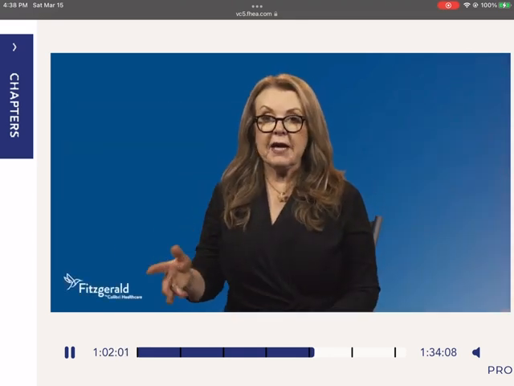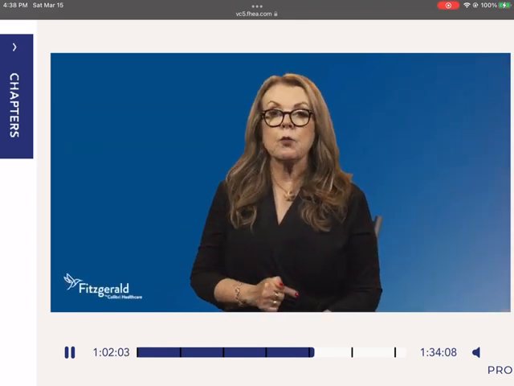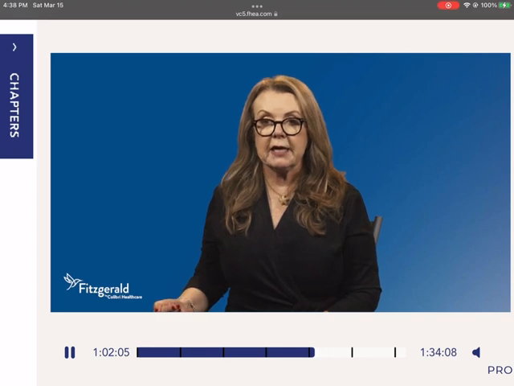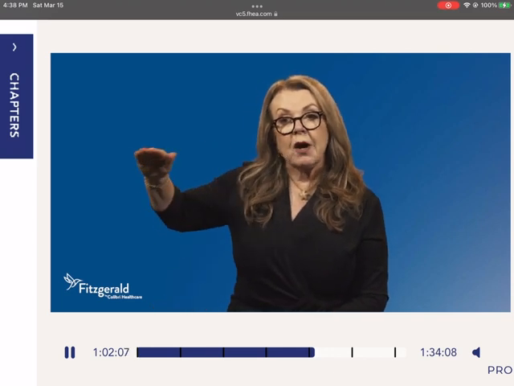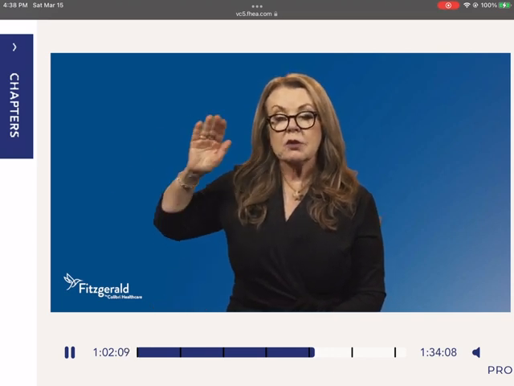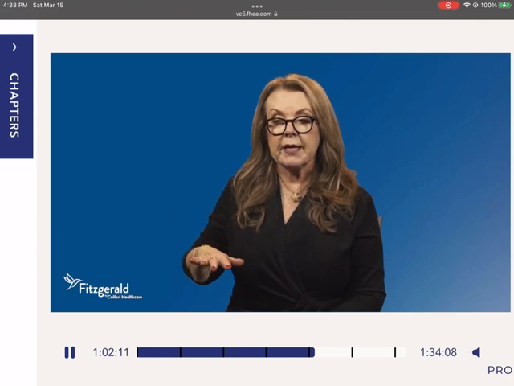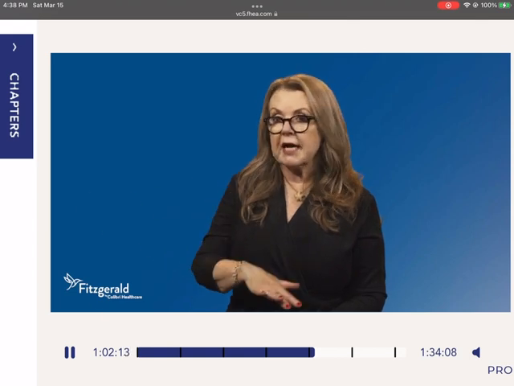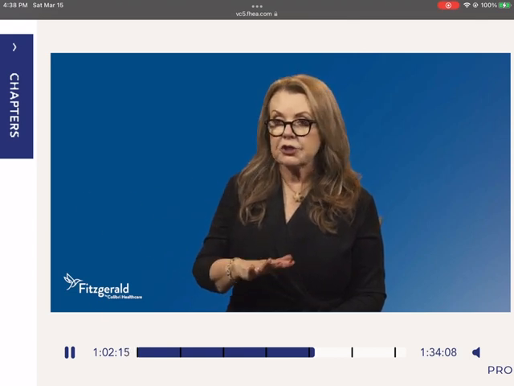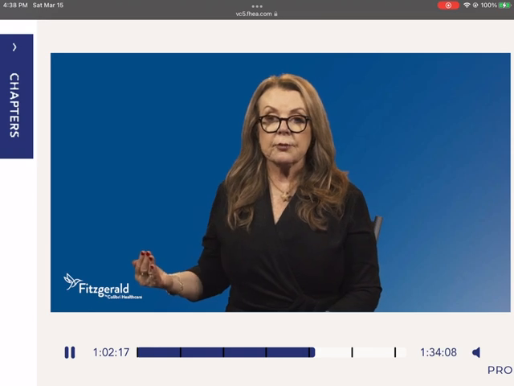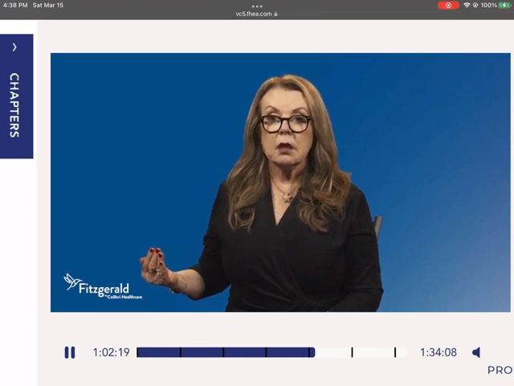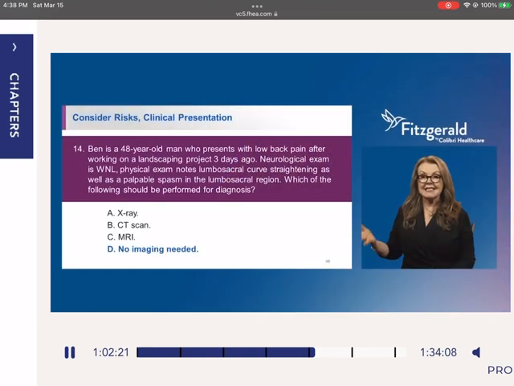I'd be willing to bet that you're all crying out for more information about this guy. But what was described in his scenario was classic lumbar sacral strain. He just had it a few days ago, just started, and he has a normal neuro exam. Correct answer, of course, is D, no imaging is needed.